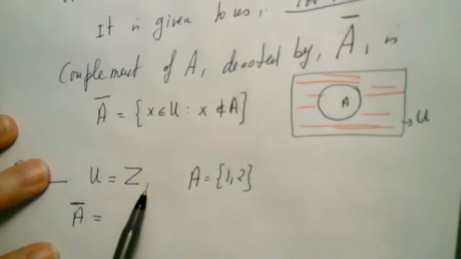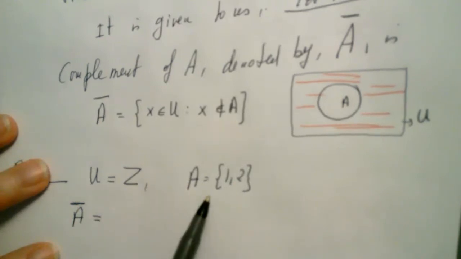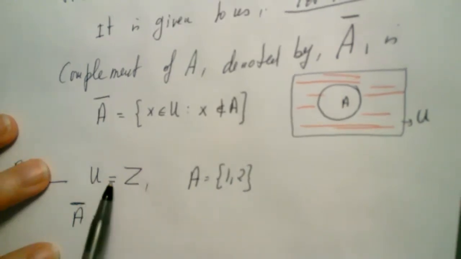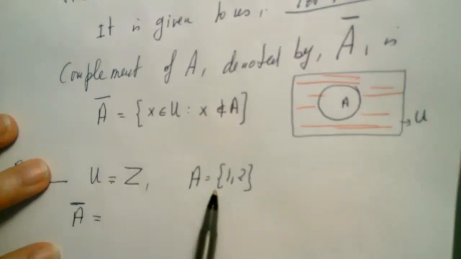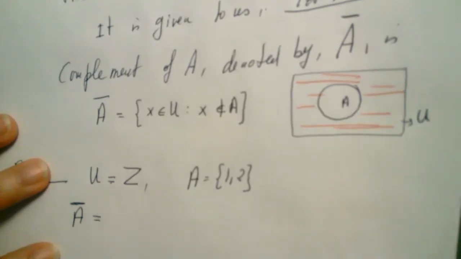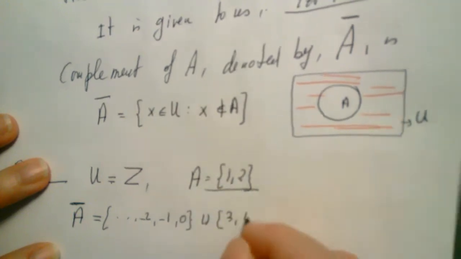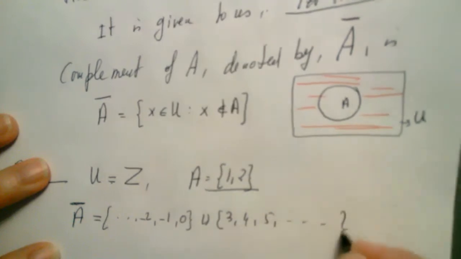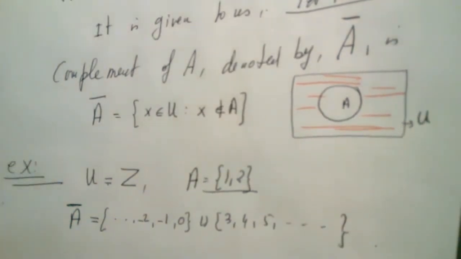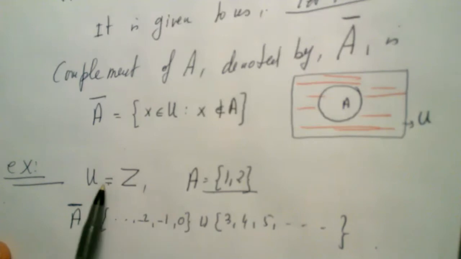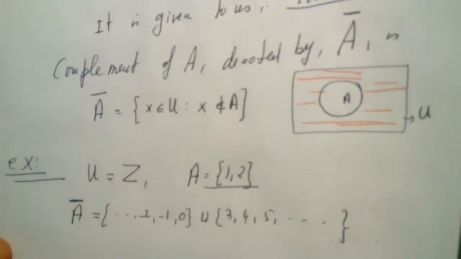If my universe is Z, the complement is everything which is in Z but not in A. So what is it? Everything: -1, -2, etc. Everything in Z, and the only thing I'm trying to avoid is 1, 2. So 3, 4, 5, and so on and so forth. So everything except 1, 2. And this is important here: everything in Z that's not in A.